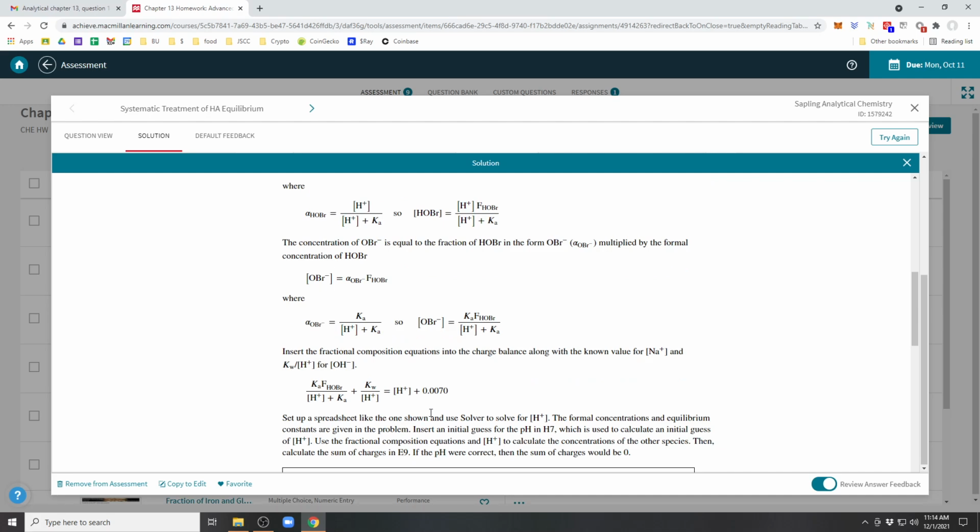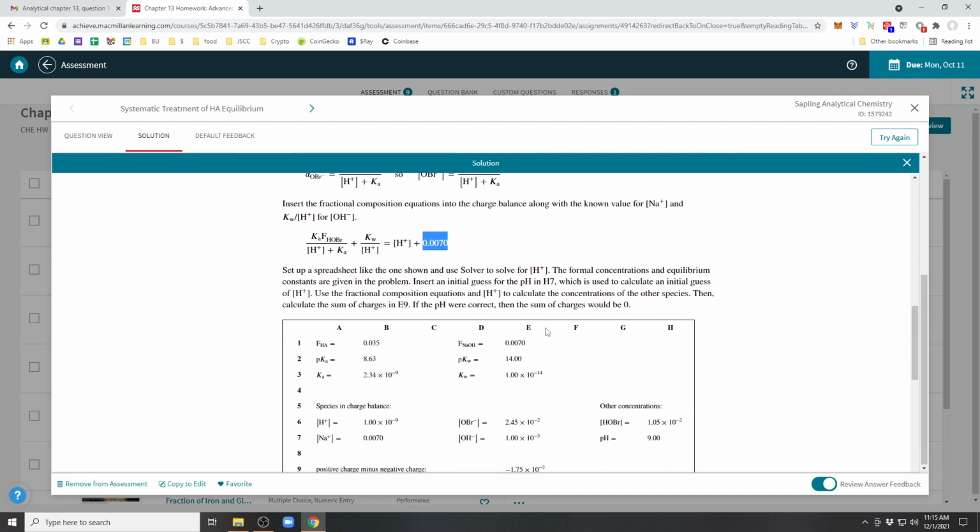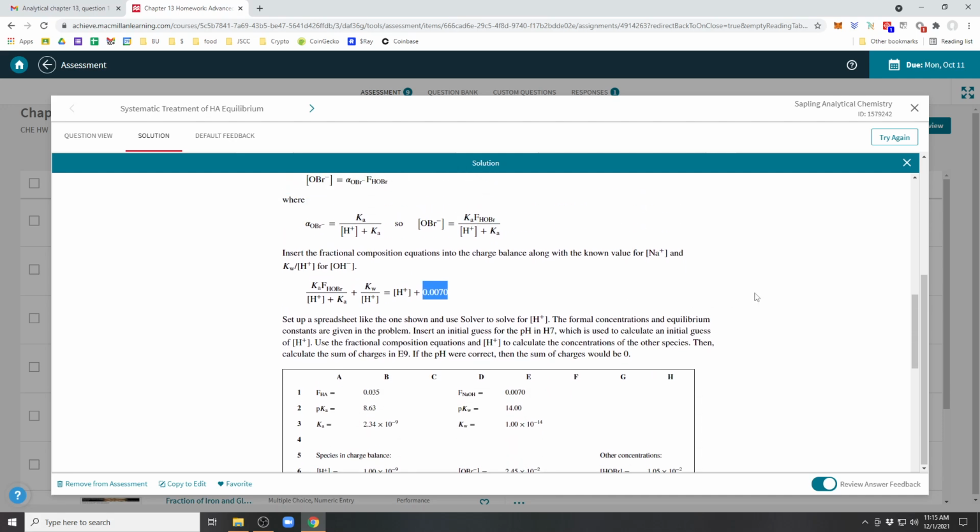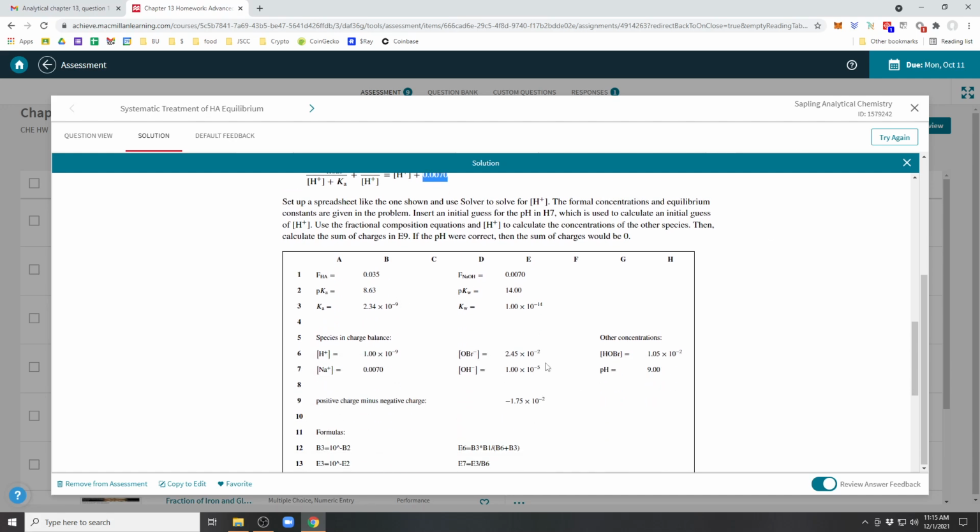Kw equals H plus times OH minus that we solved to get OH minus on one side. So we could substitute this in. Notice that this value is also a constant again. We have H plus concentration, which is nice because it matches all the others. And we have a value of the sodium, which was the formal concentration of the sodium hydroxide. So we can then set up a spreadsheet like the one that we are going to see right here.